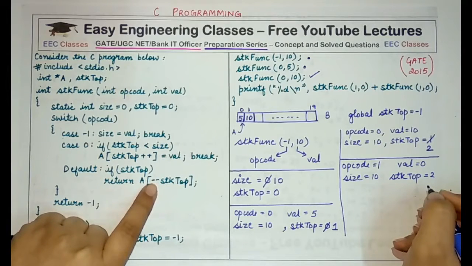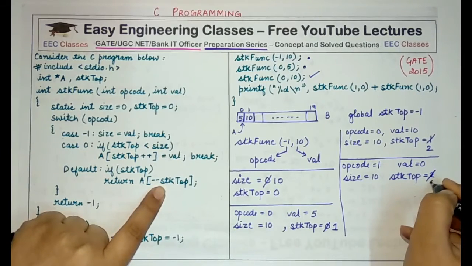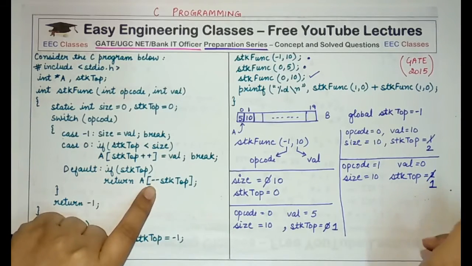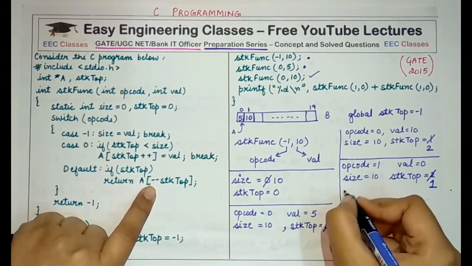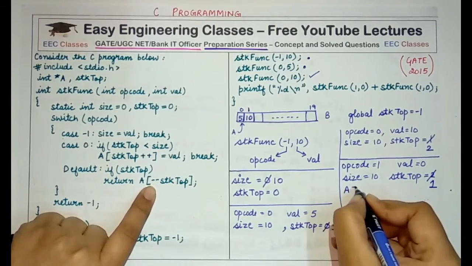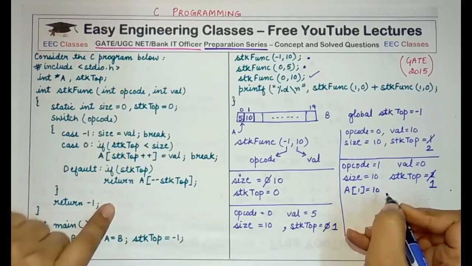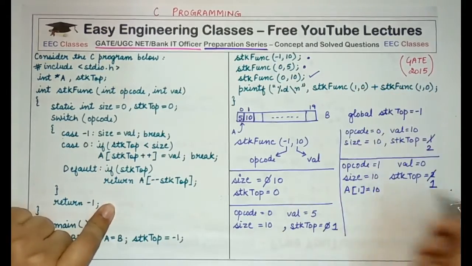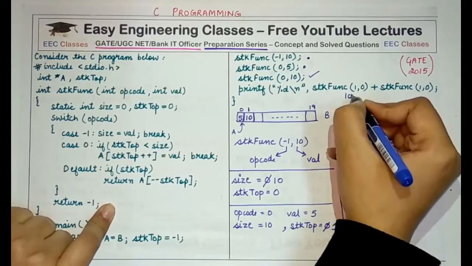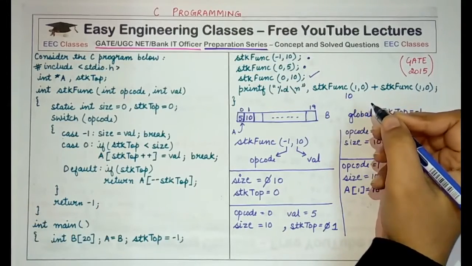Now this is a pre-decrement operator. Pre-decrement means that the value would be decreased first and then it would be used in this expression. So A of 1 is actually 10 and this value would be returned here.